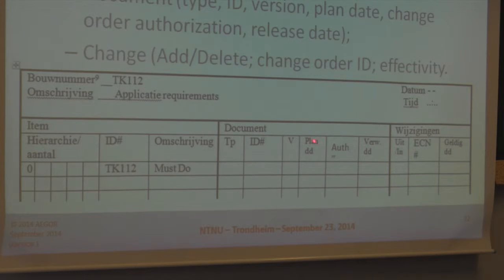It has a plan date, and the highest authorization is given here, so things can always be traced back to which decision, why, etc. It has a plan date and, when it's released, a release date.